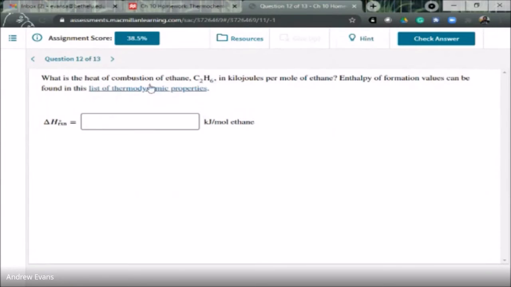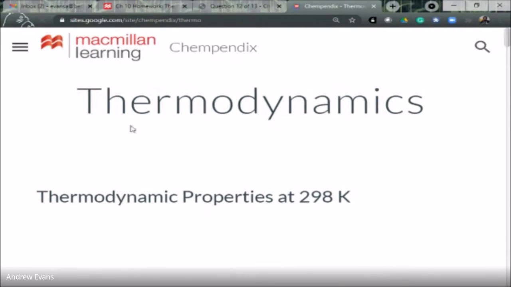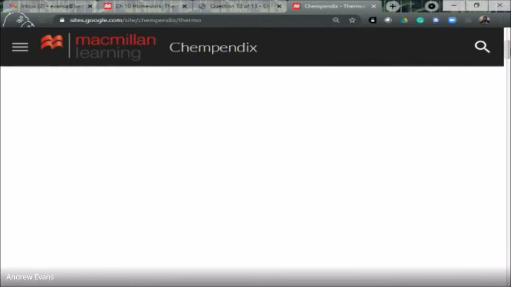Let's look at this table. On a test, you will be given the relevant parts of this table. This table has a lot more values than we will ever need.